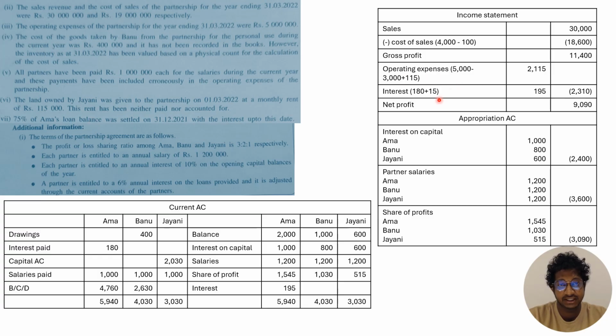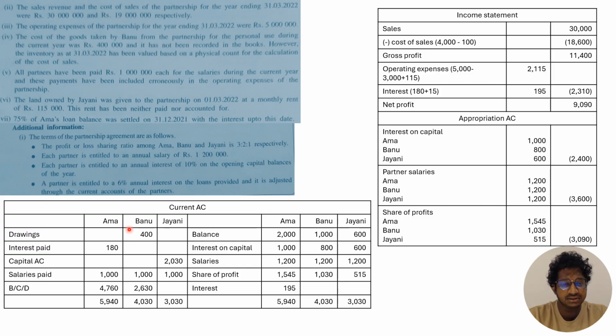So that is 15. So the total interest is 195. From that 195, already paid 180. So the total interest you should credit to the Hamas current account, and the amount paid to Hama you have to debit to Hama's current account, right? Yes, so that's it for the income statement, appropriation account and current account.